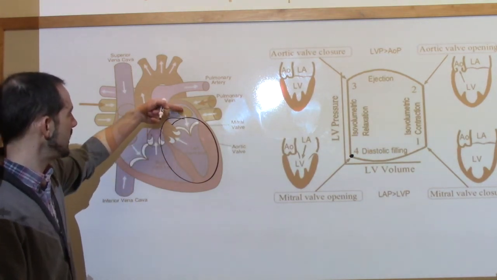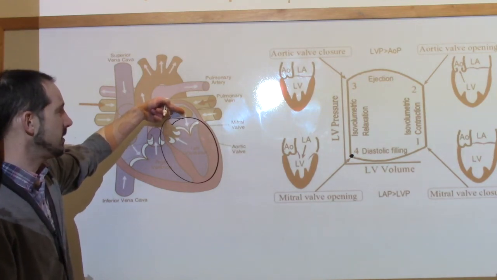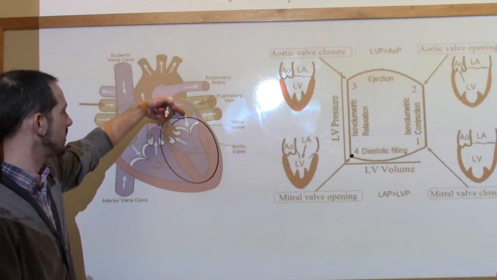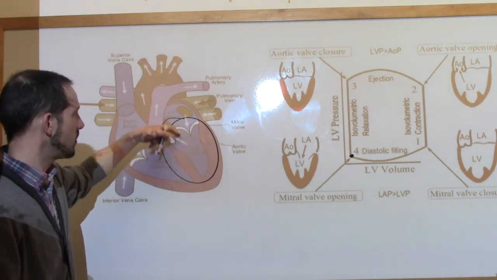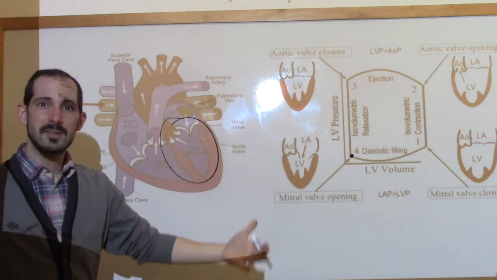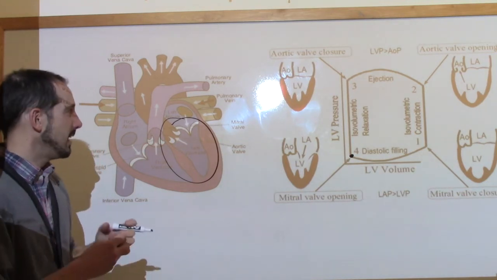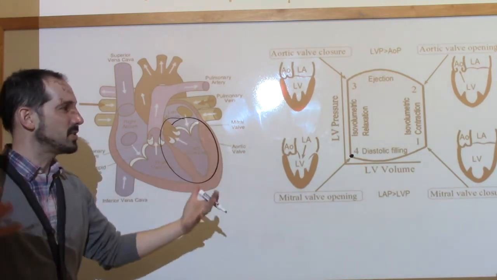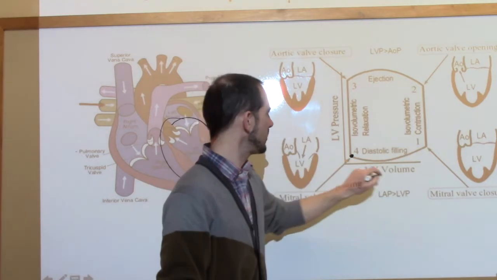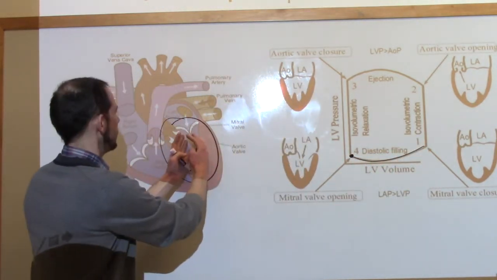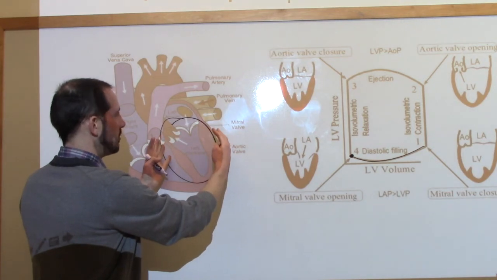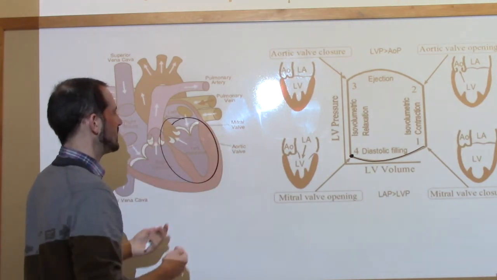But then as soon as you're able to get this filling occurring, the mitral valve opens up, blood comes rushing in, and the volume begins to expand. And as it expands, the pressure remains effectively constant. It does change a little bit, but this picture is showing that this is filling with blood, expanding. Volume gets bigger, the pressure is remaining more or less the same.